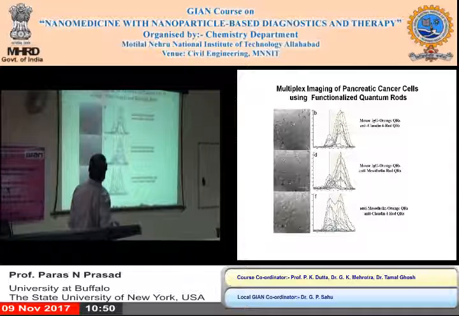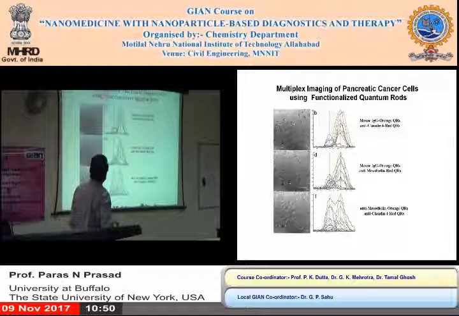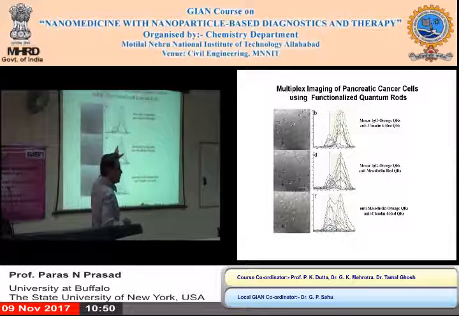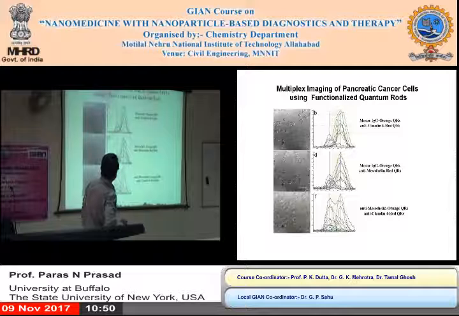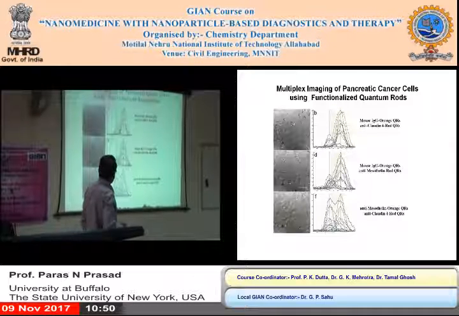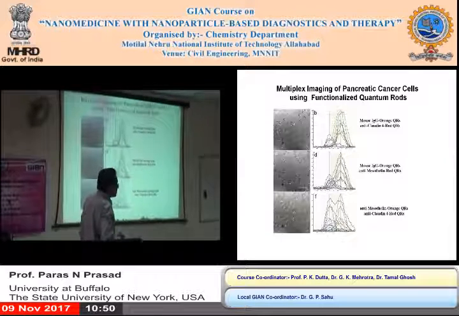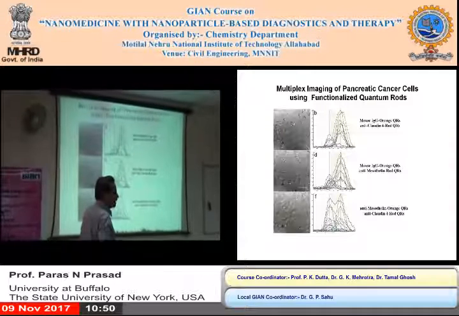Here is orange emitting quantum dot with one kind of antibody, and red emitting quantum dot with another kind of antibody attached, so that this recognizes one kind of antigen on the cell, this recognizes another, and it turns out the pancreatic cancer has both kinds of antigens.